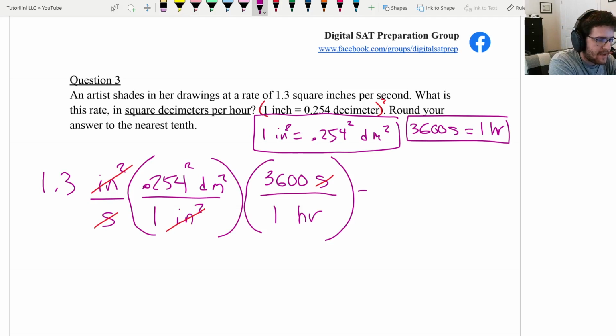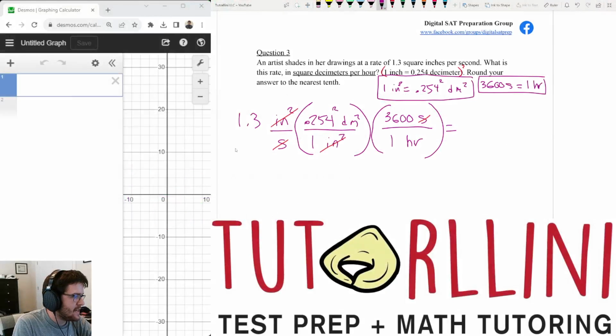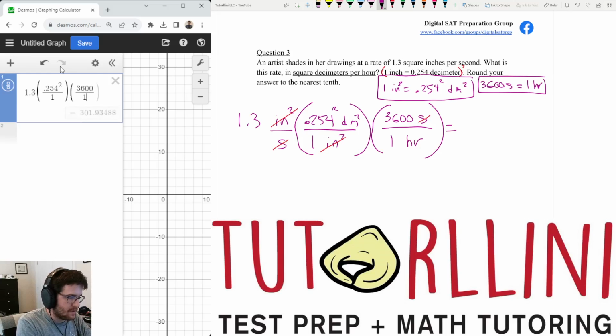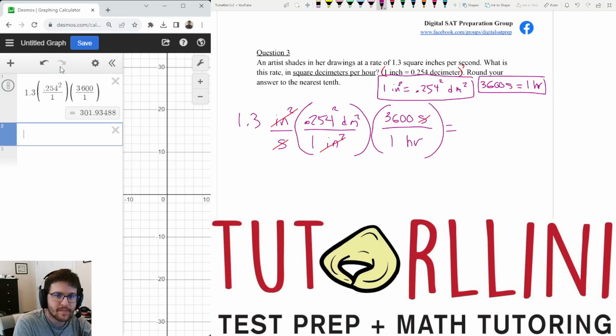So now that we have that, we can go to Desmos and type it in exactly as we wrote it, so we don't make a mistake. So 0.254 squared over 1, and then 3600 over 1. Just typing in exactly as I wrote it. No reason to leave it up for error.